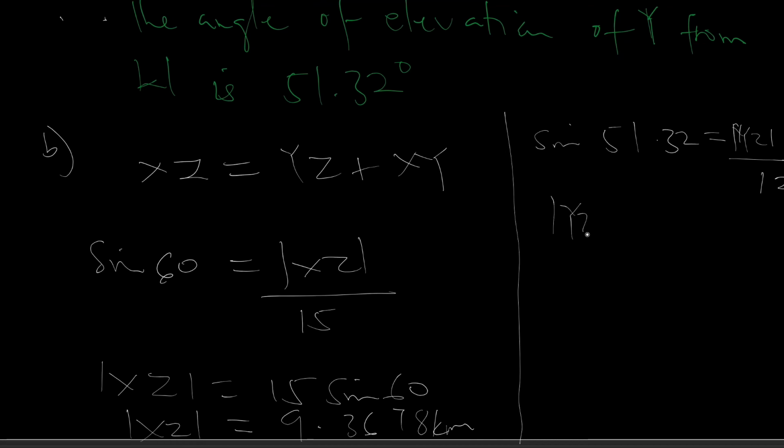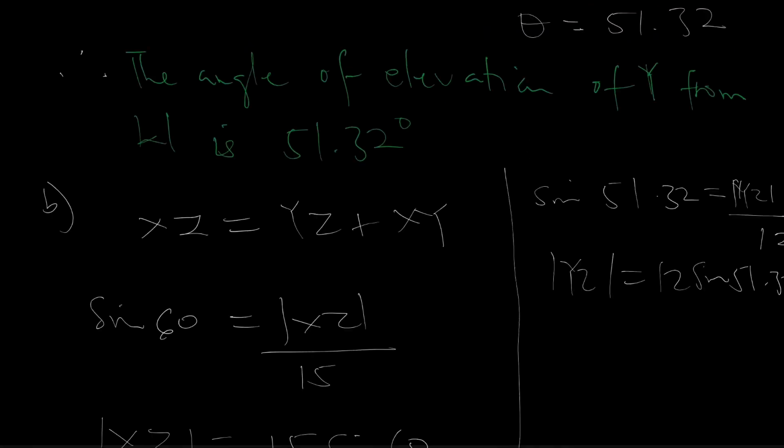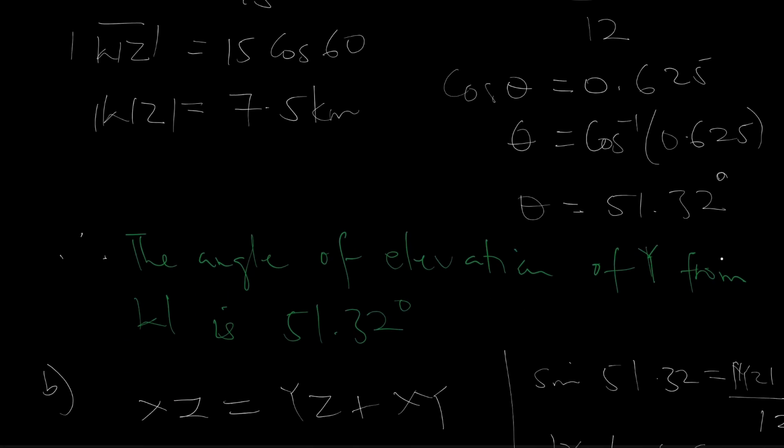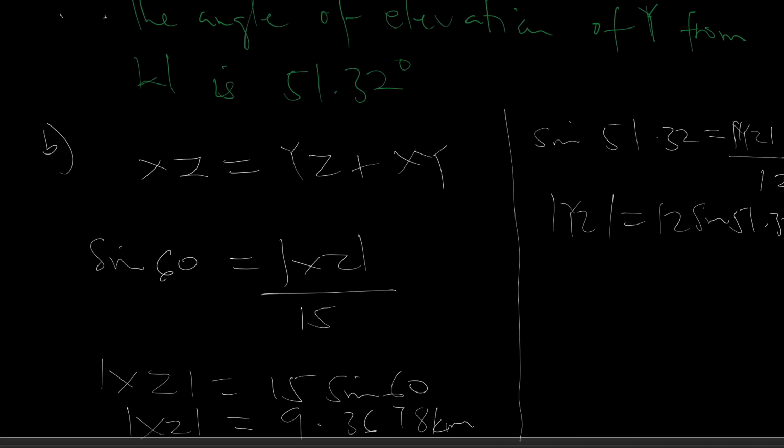So YZ is 12 sine 51.32. So this angle is theta. From our solution, theta is 51.32. So then sine 51.32 should be equal to our opposite over 12.